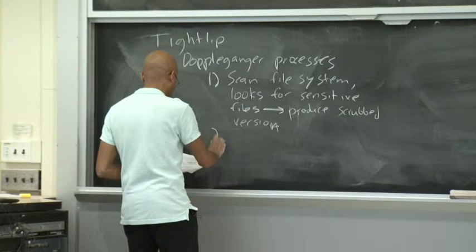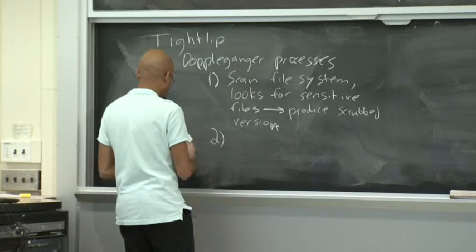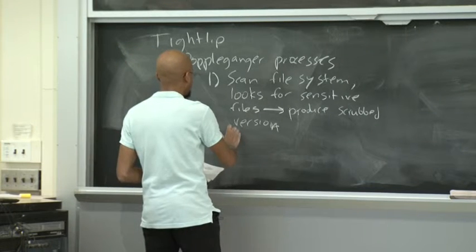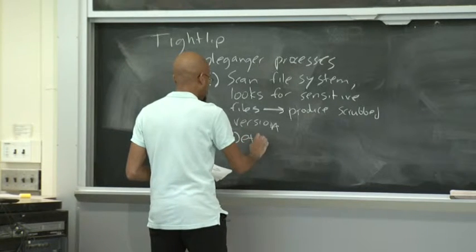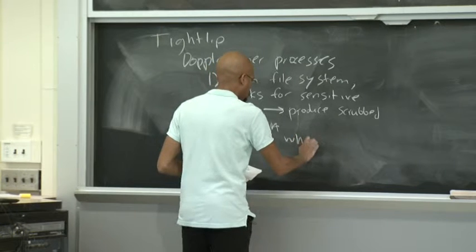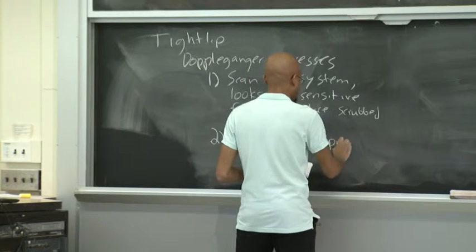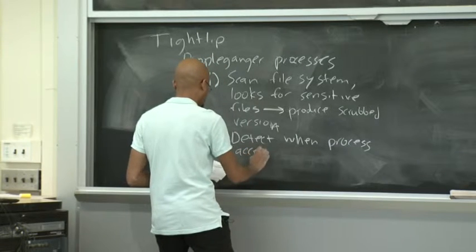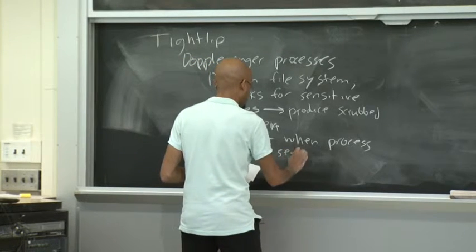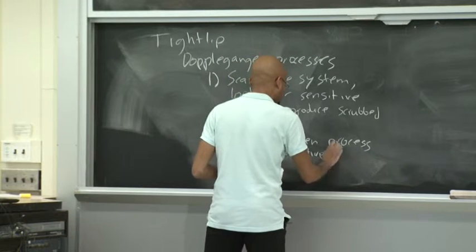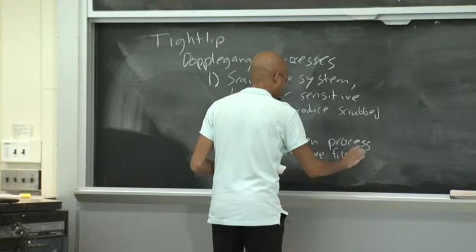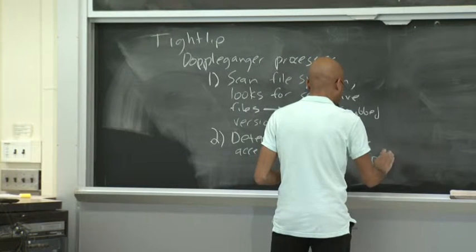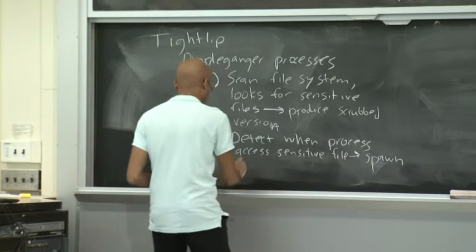Then the second thing it's going to do is, at some point a process is going to start executing. TightLip is going to detect when and if the process tries to access a sensitive file. If such an access does take place, TightLip is going to spawn one of these doppelganger processes.